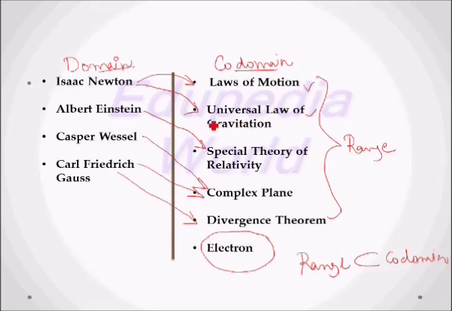That is, two arrows point out from him. Or in other words, we can say a single input gives two outputs. Same will be the case with Carl Friedrich Gauss. A single input gives two outputs. So these are not functions.